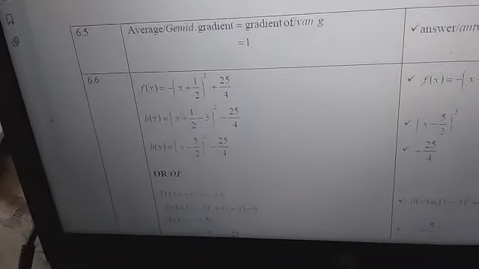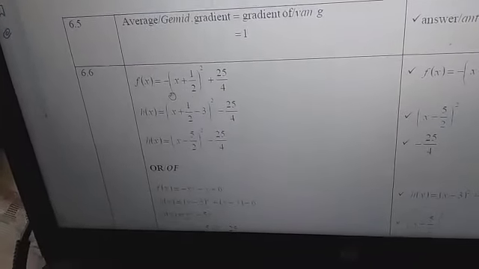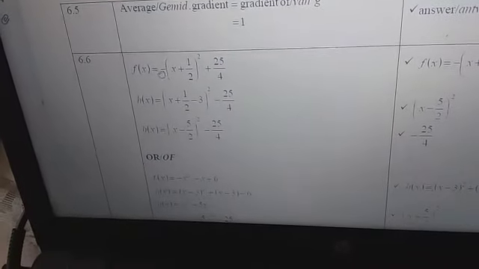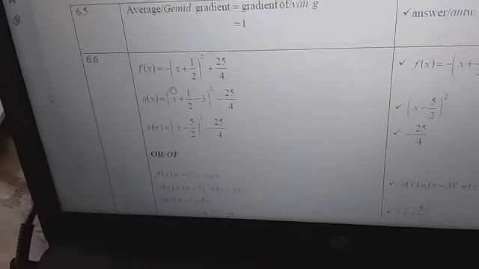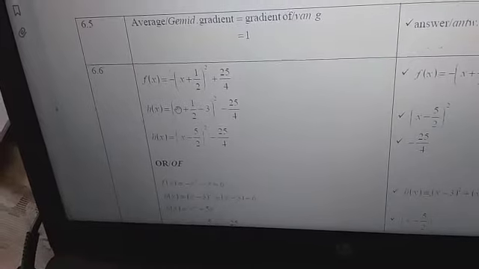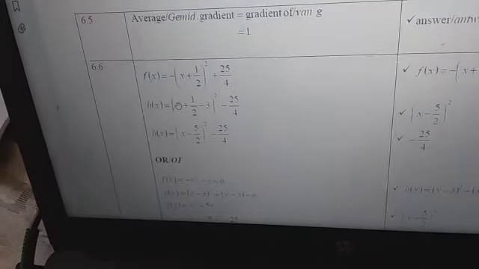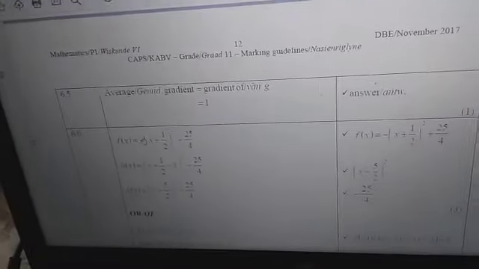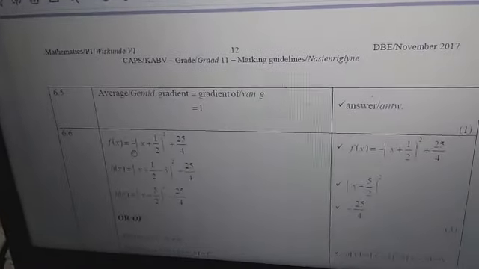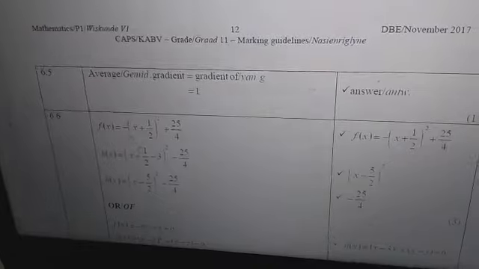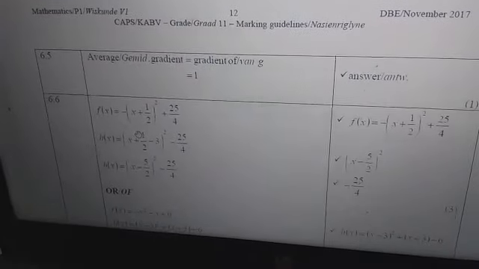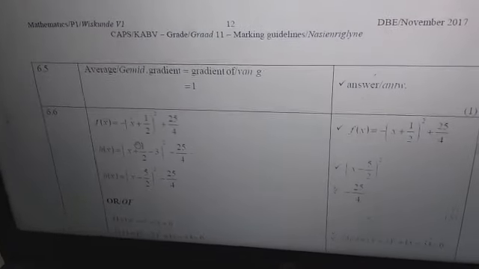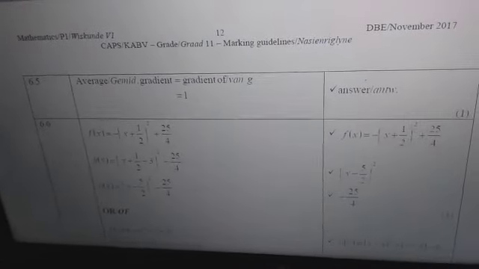The first thing that they did is to make A positive.